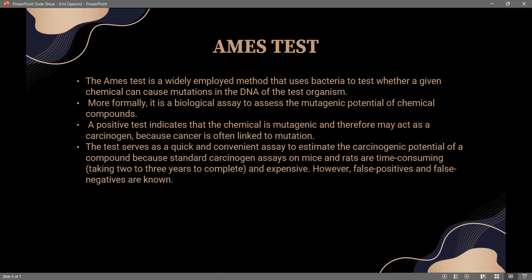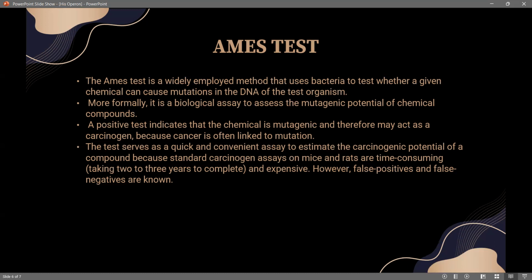A sample's mutagenic potential is assessed by exposing amino acid requiring organisms to varying concentrations of chemical and selecting for the reversion event. Media lacking the specific amino acids are used for this selection, which allow only those cells that have undergone the reversion to histidine to survive and grow.